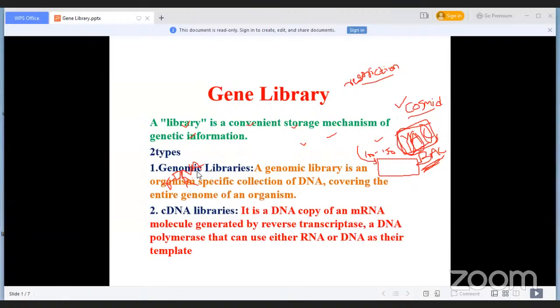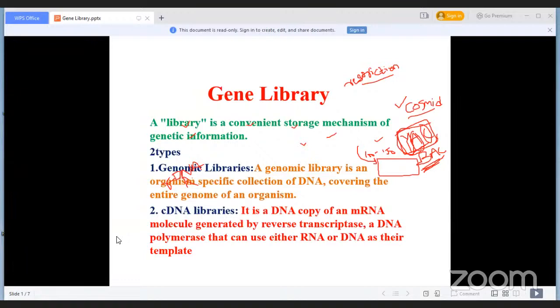Hello? What is a genome? What is a gene? Functional unit, sir. Functional unit of what? Functional unit of DNA. Functional segment of DNA, gene.